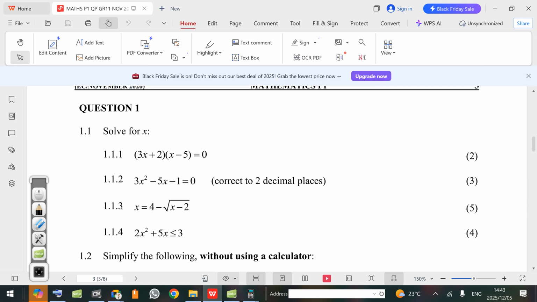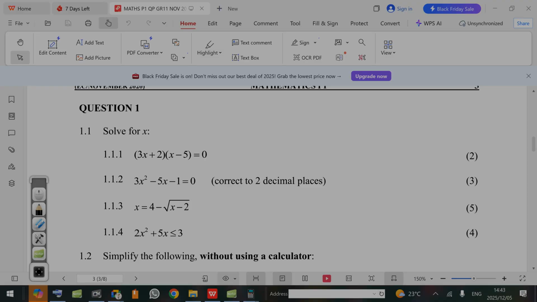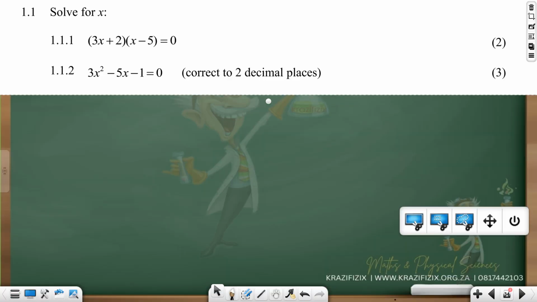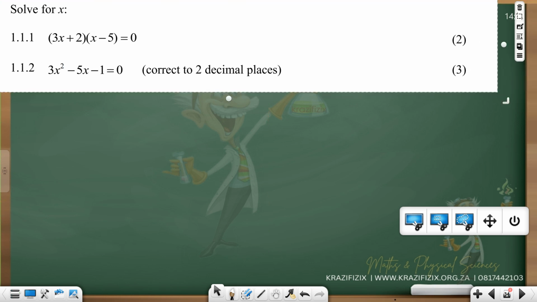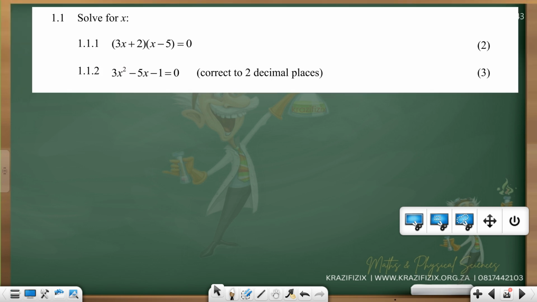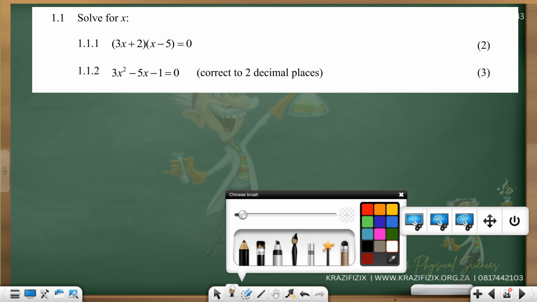All right. So you would notice that our first 5 marks has already been done. We've covered the first 5 marks, and this mark is for everyone. Now you would notice the first one is something you can do quickly, but look at the second one.